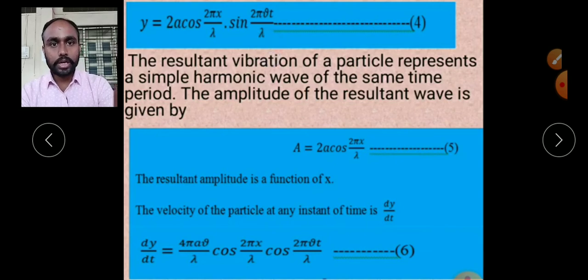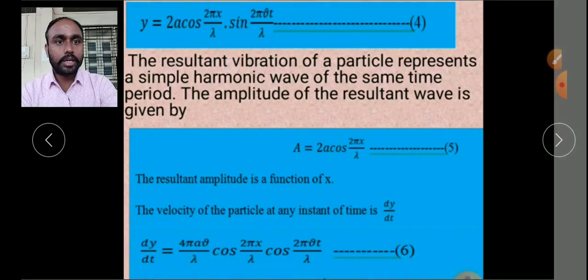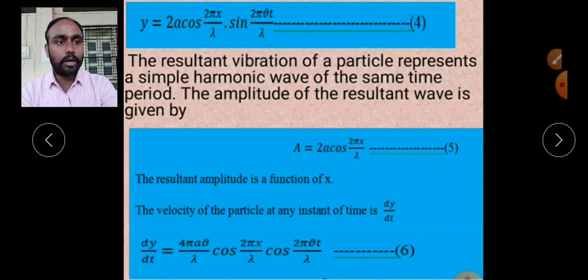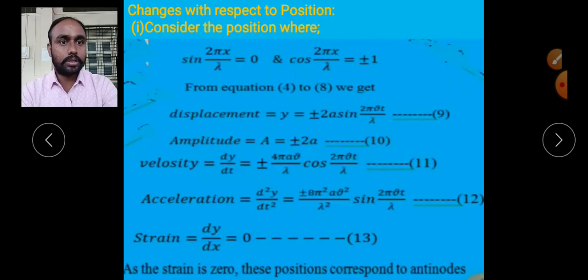Yes, this is equation number 4, and here what we have to substitute? Sin 2 pi x by lambda is 0, but it is not present here; cos 2 pi x by lambda is here, and that we substitute as plus or minus 1, and therefore this equation becomes plus minus 2a sin 2 pi v t by lambda, which remains as it is.